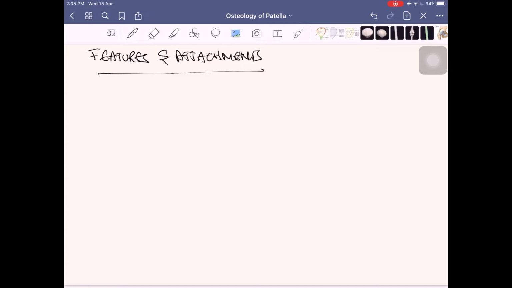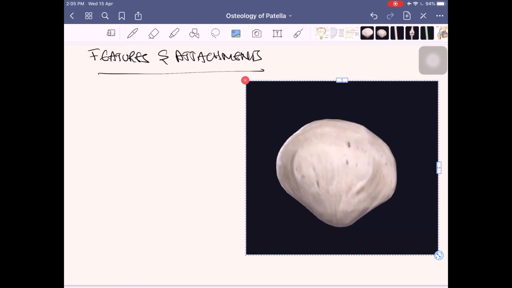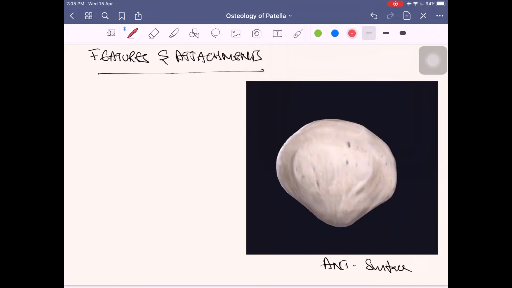So first we'll again get the image back. This is the anterior surface. And this one is our apex, and this is the base. And we are seeing the anterior surface.